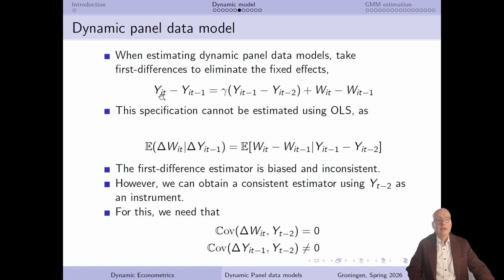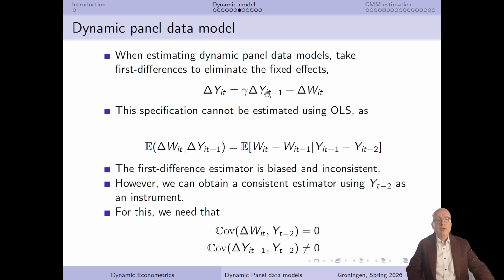First of all, we can use the definition of a delta, and that is that we can write this y_it - y_it-1 as capital delta y_it. Well, then this, of course, becomes equal to capital delta y_it-1. And finally, this becomes equal to delta w_it. So we can write it in this simple format that we have over here.